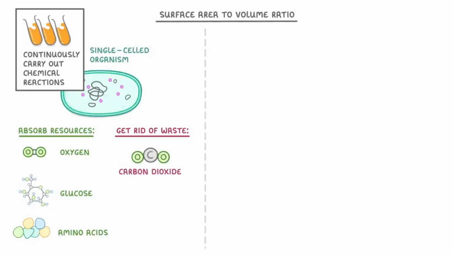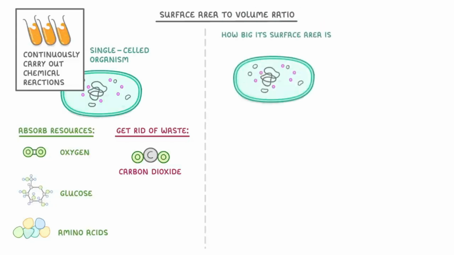How well it can do this depends on its surface area to volume ratio, which is basically a measure of how big its surface area is, so this area around the outside, compared to its volume, which is all of this space inside the organism.